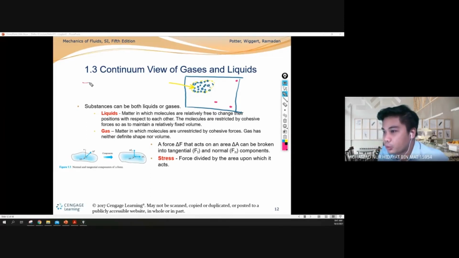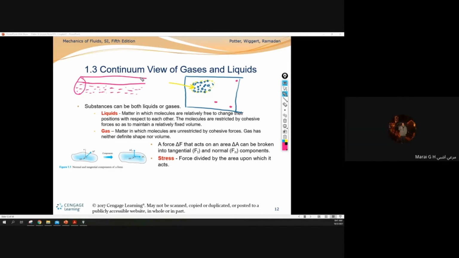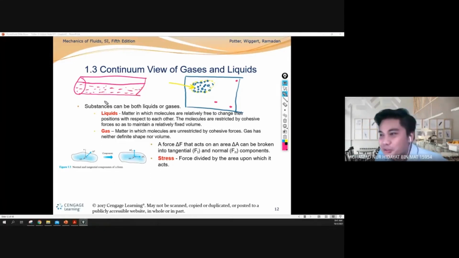For example, this is water. Do you think the water is continuous in nature? Anyone? Yes. Inside the pipe, the water is continuum in nature.